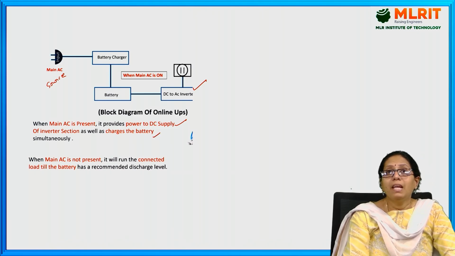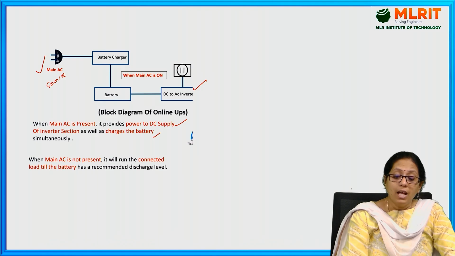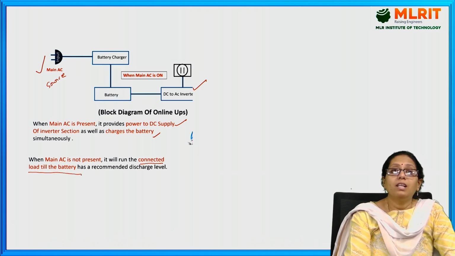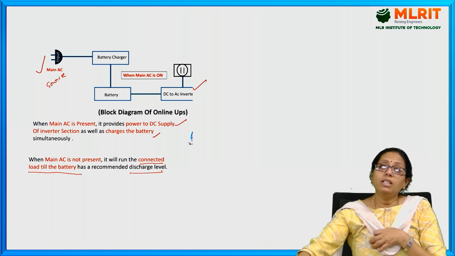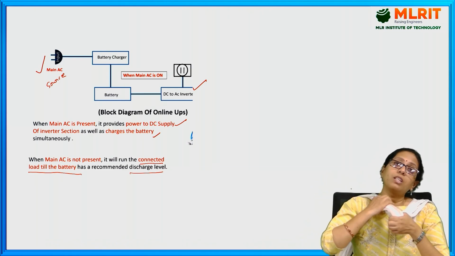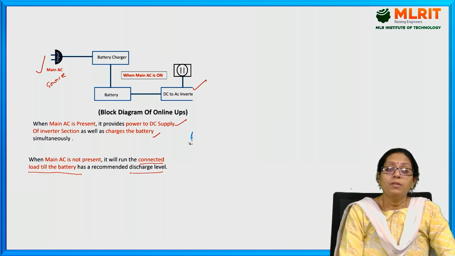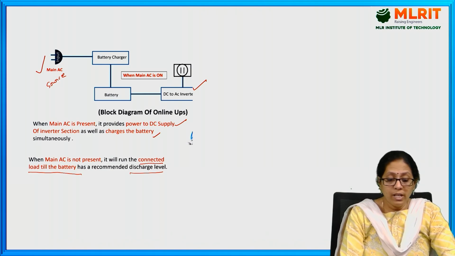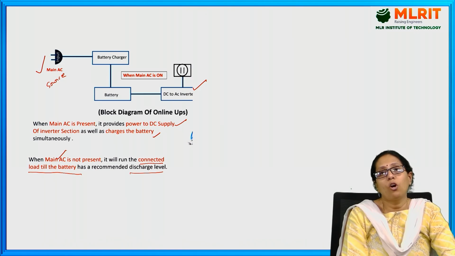When the main AC is not present, it will run the connected load till the battery reaches the recommended discharge level. So based on the charging capacity and the discharging level of the battery, it will supply the energy to the load when the main AC is off.